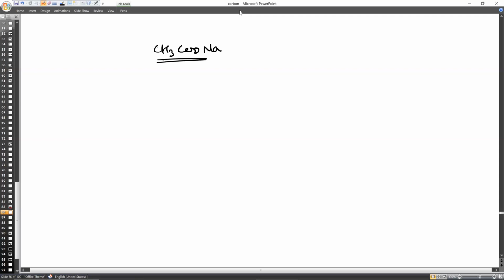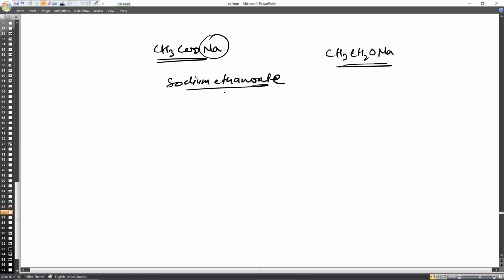This is not sodium ethoxide. Sodium ethoxide is CH3CH2ONa. This one is sodium ethoxide. And CH3COONa is sodium ethanoate. Got it?